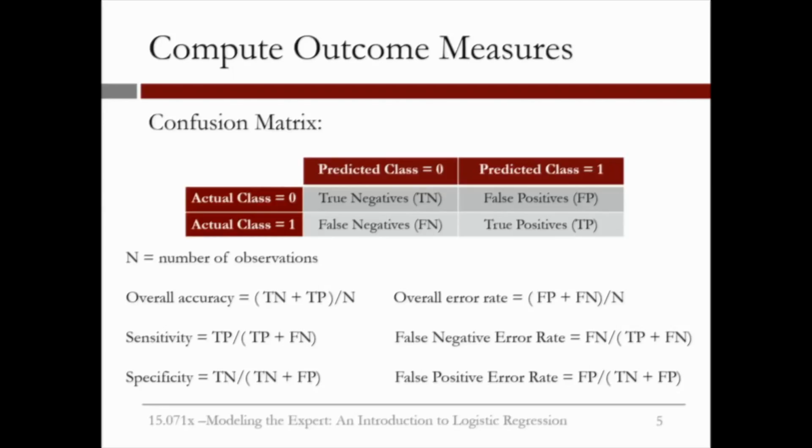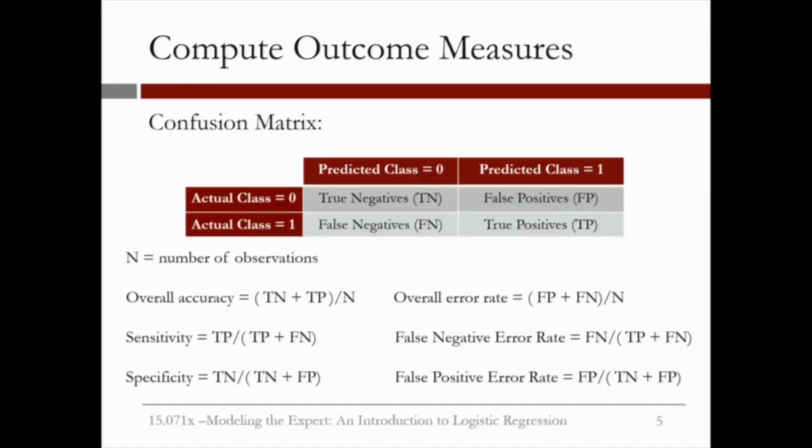So this is the number of times that we predict poor quality and it is indeed poor quality, versus the total number of times the actual quality is in fact poor.